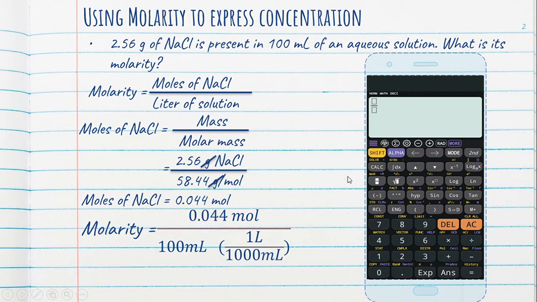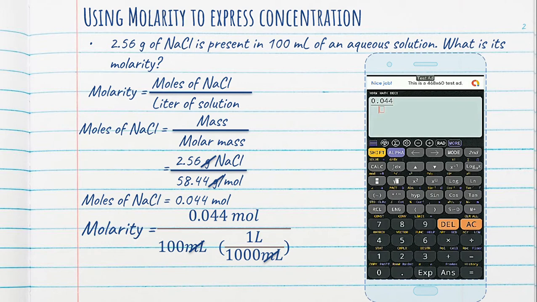So we will put that into our scientific calculator: 0.044 mole over 100 open parenthesis 1 over 1000 milliliter close parenthesis.